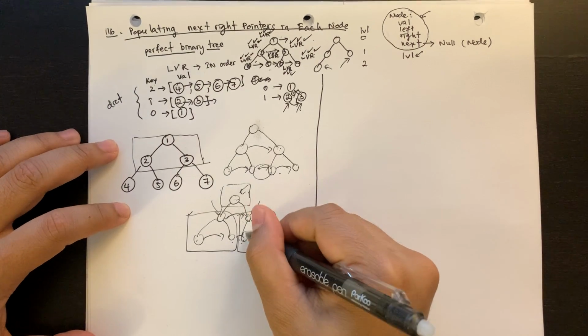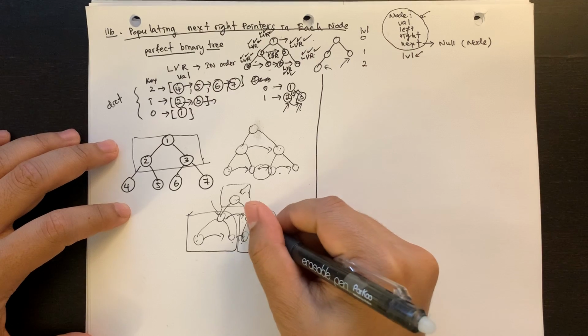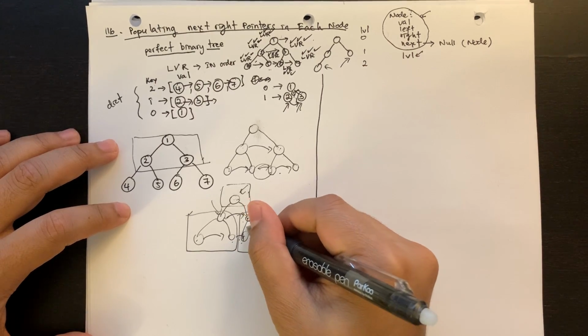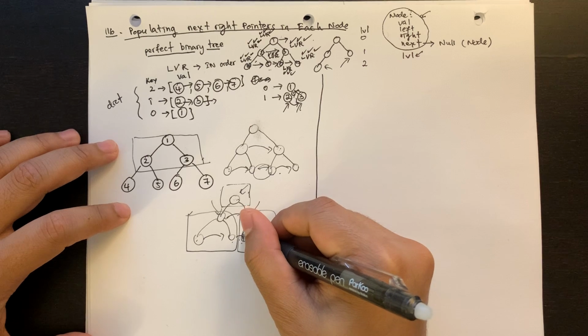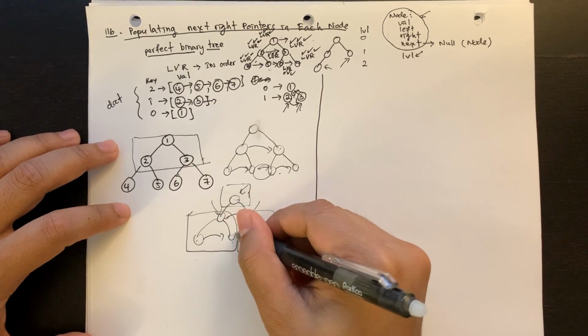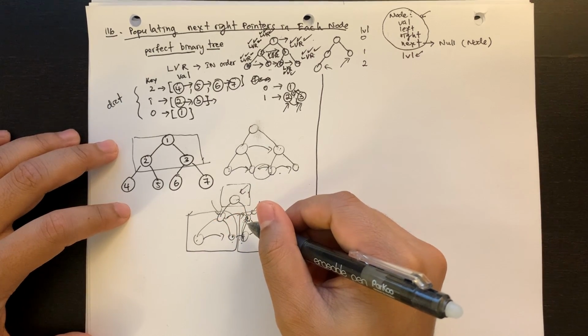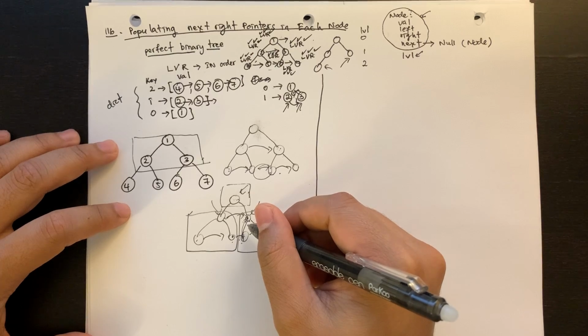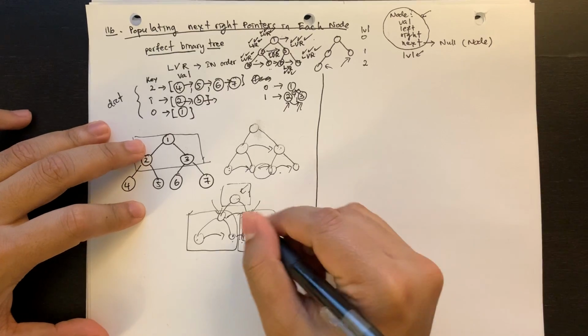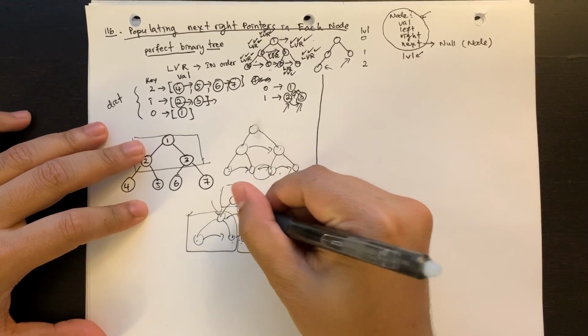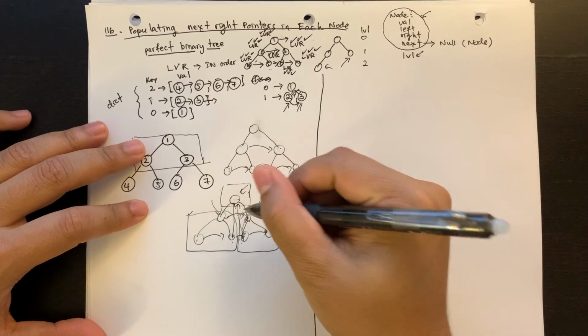We need some sort of way to return the child. I think we need some way to return this child to the stack and this child to the stack.